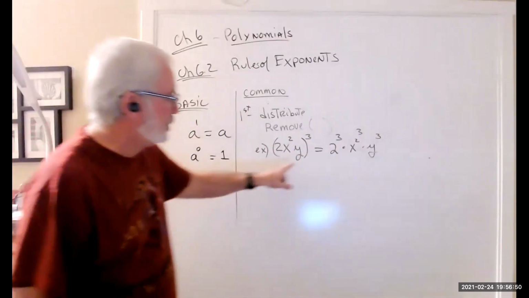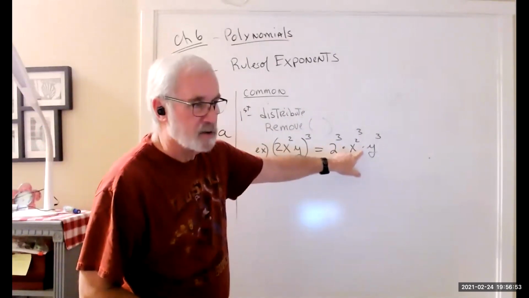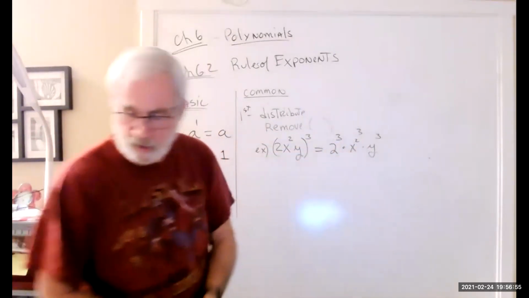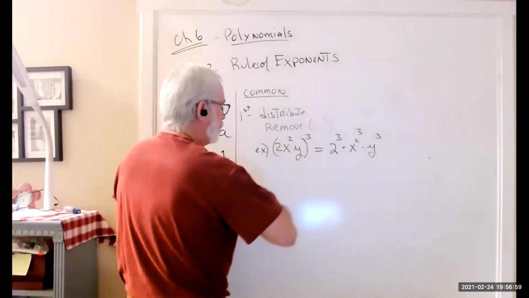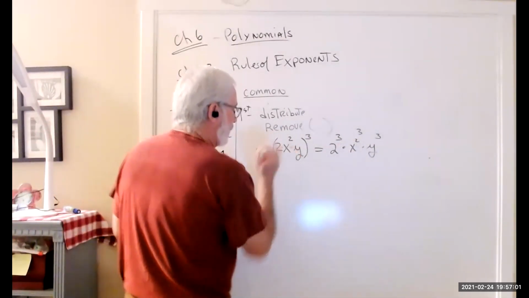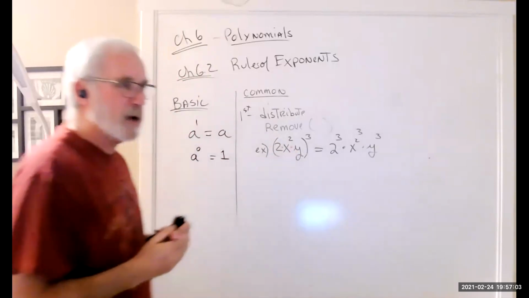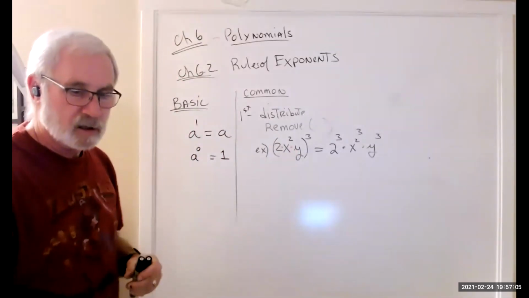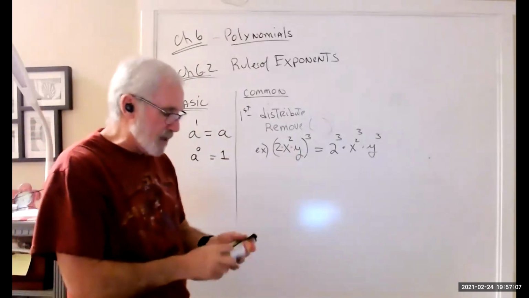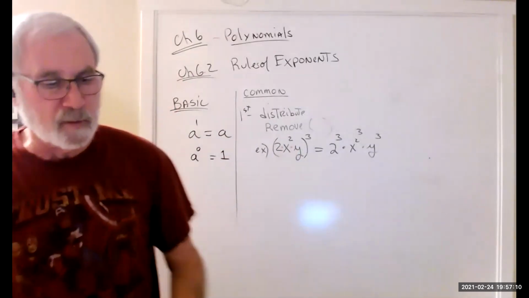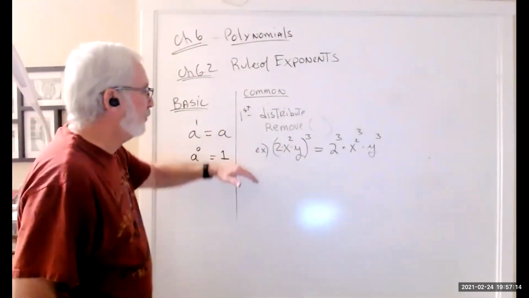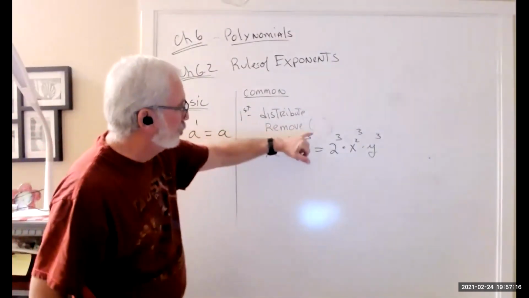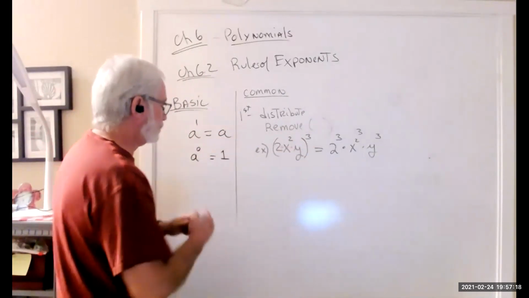Notice I wrote timesing there. That's going to be kind of important, because remember, mathematicians imply multiplication. We don't like to write it because we're lazy. But as a student, maybe writing that multiplication symbol might help you a little bit. All right, that's our first rule: distribute to remove parentheses.